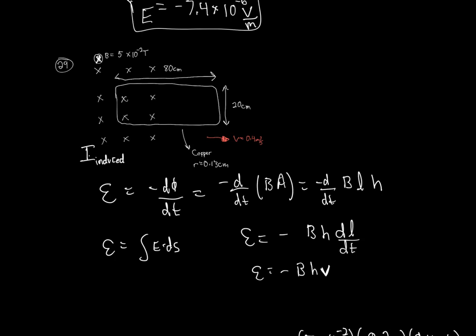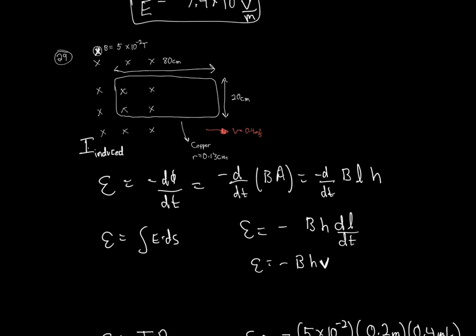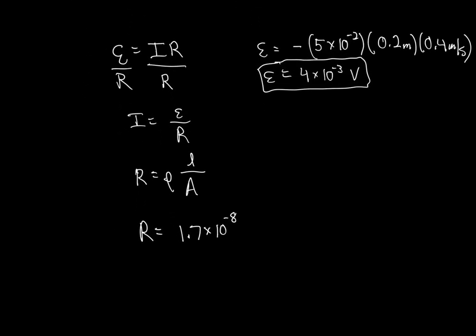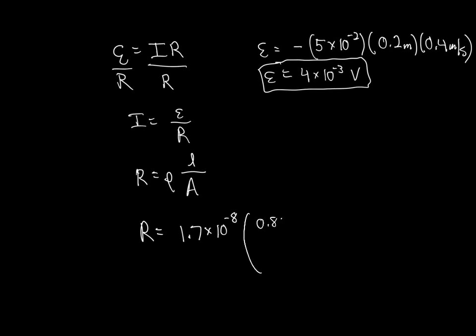Don't you do 80 plus 80 plus 20 plus 20? Well, that's not the circumference. What is that called? Perimeter. Yeah. Same concept as circumference. Just 80 centimeters plus 20 plus 80 plus 20, all the way around. That gives you the total length of that wire. So that's 0.8 plus 0.8 plus 0.2 plus 0.2.